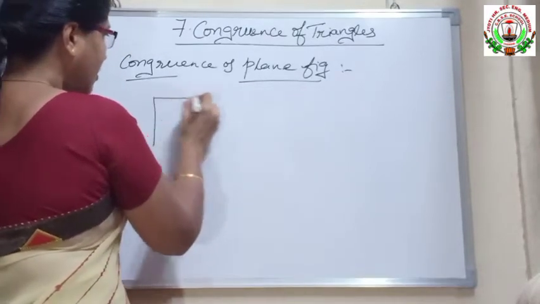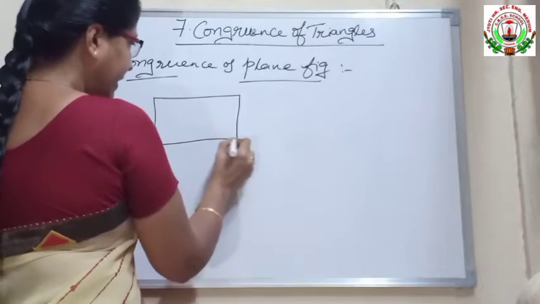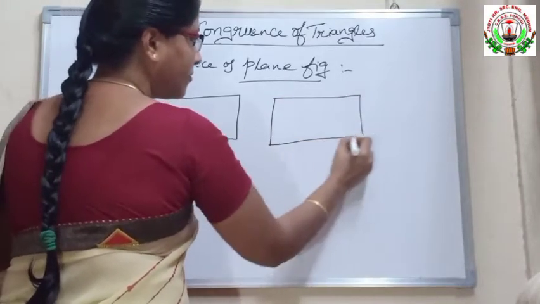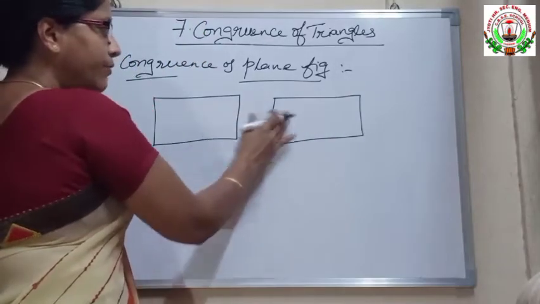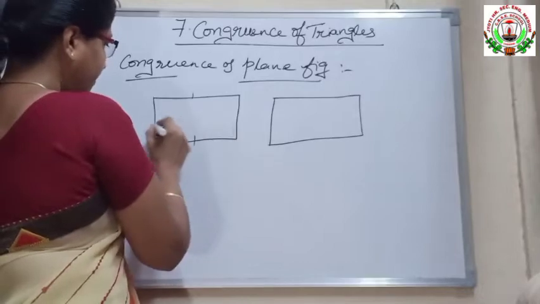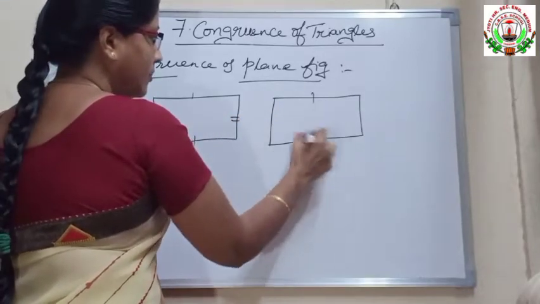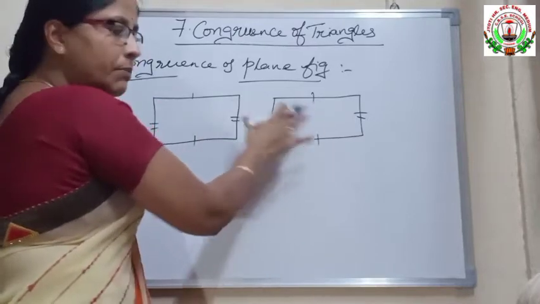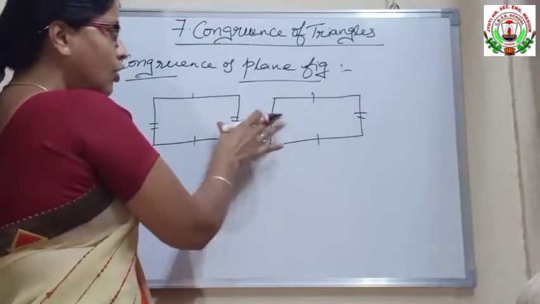I can take one rectangle, another rectangle. There are two plane figures. These two sides same. So they are of same size, same shape. So these two figures are congruent to each other.